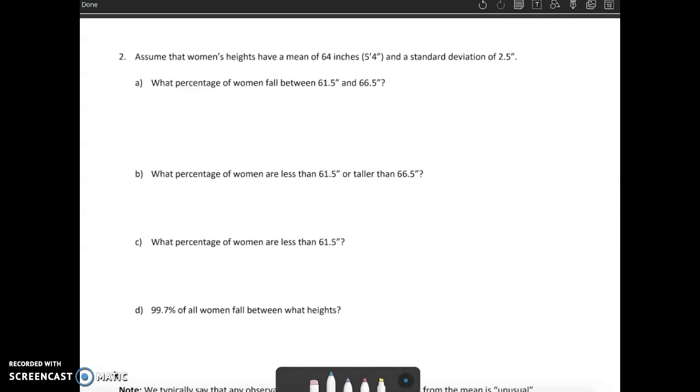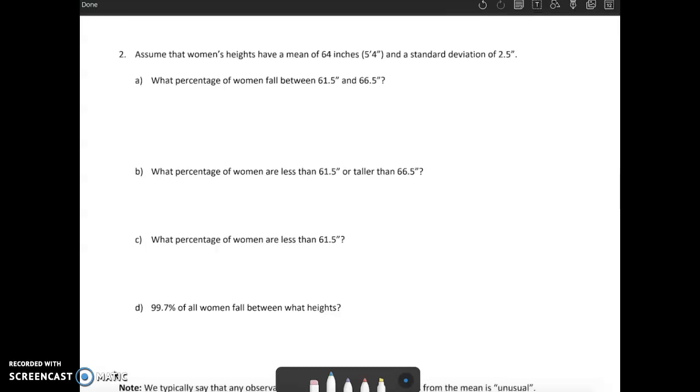It says assume women's heights have a mean of 64 inches, which is 5'4", and a standard deviation of 2.5 inches. So I'm going to just draw out to the side here a very not pretty looking normal curve. The center is at 64. So I'm going to go ahead and count off my 3 standard deviations in either direction.